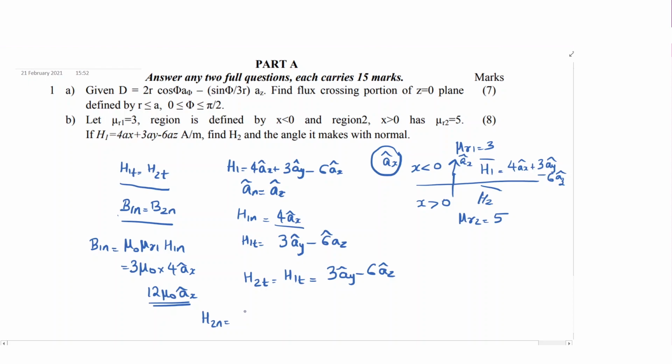B1n is equal to B2n also. So H2n will be B2n divided by mu naught mu R2. That is 12 mu naught AX divided by mu 0 into 5, so you get 12 by 5 AX, which is 2.4 AX.